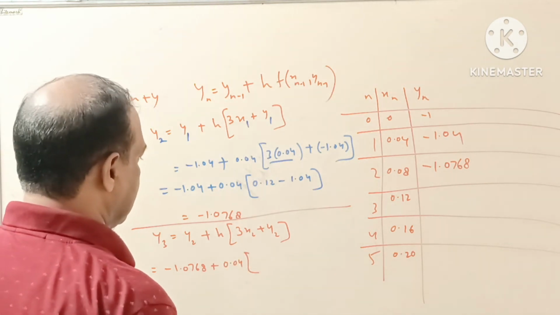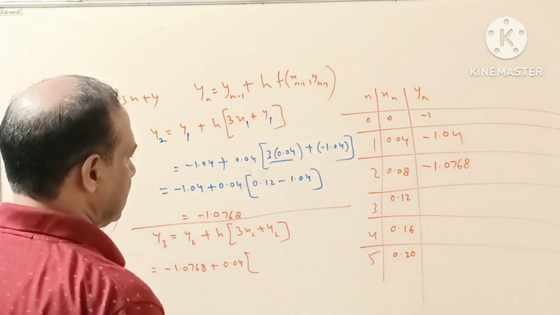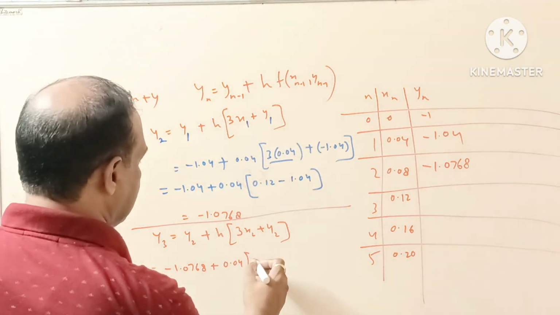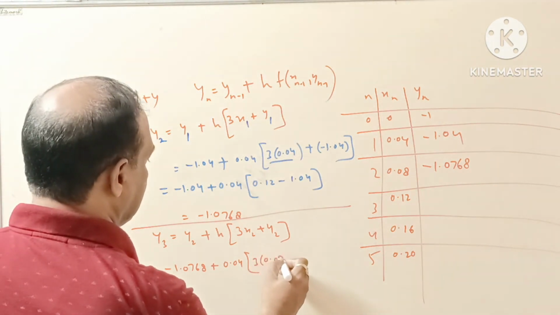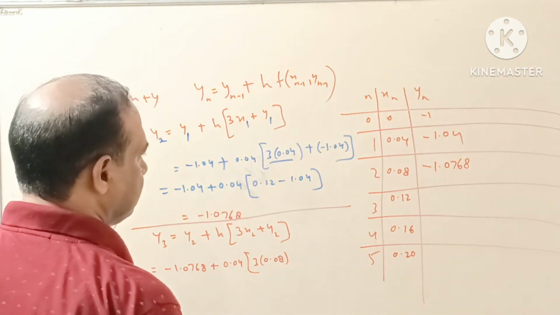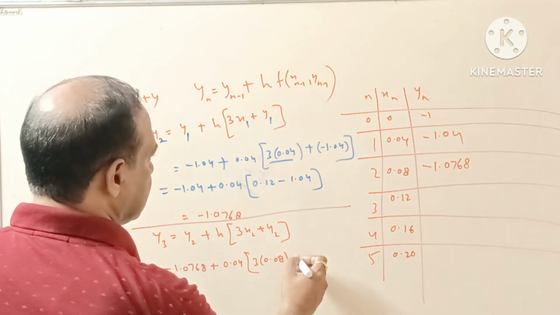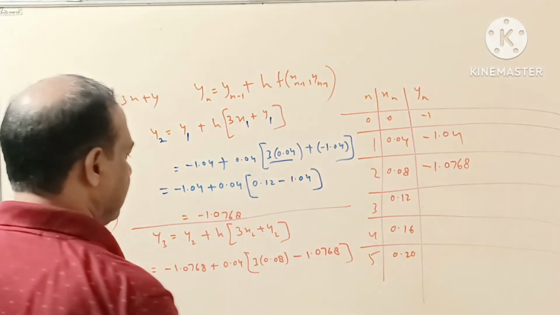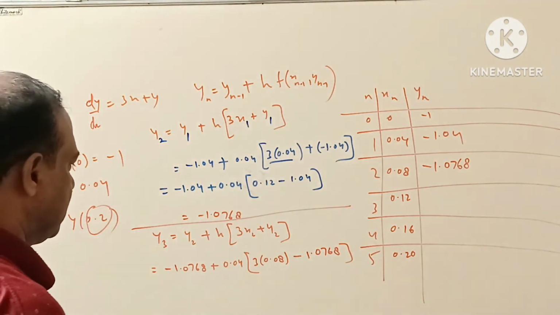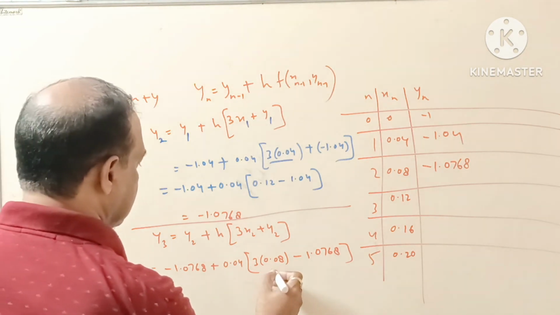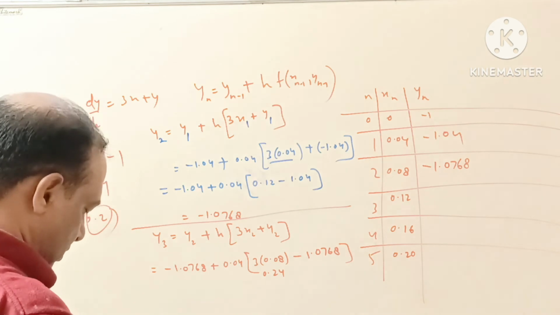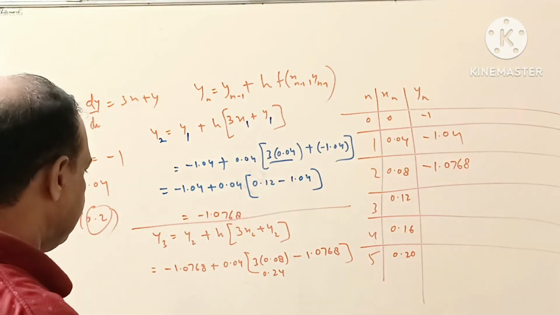The value of 3x2, 3 times x2, x2 is 0.08, and furthermore this is minus 1.0768. Clear? 3 times 0.08 can be written as 0.24. Now just doing all the calculations with the GDC.